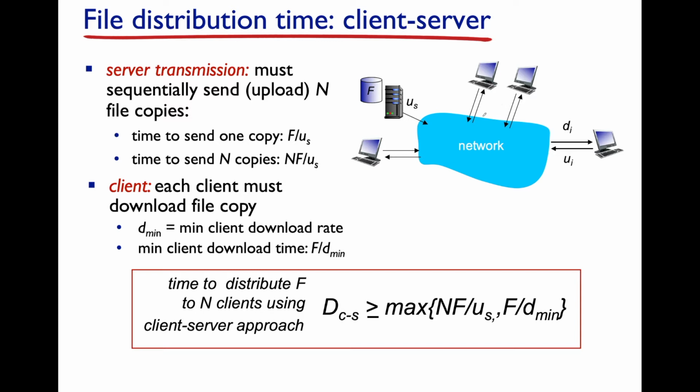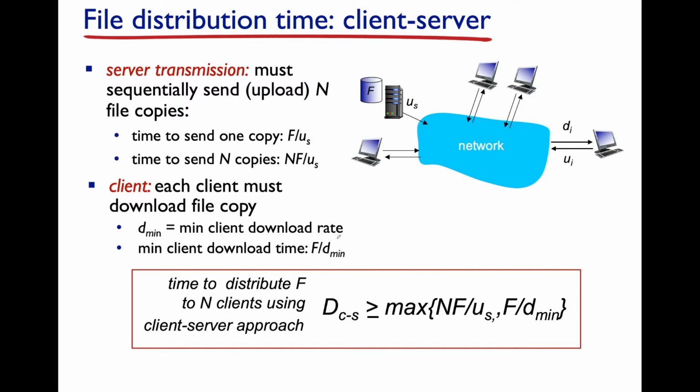In addition, once these files have been uploaded into the network by the server, each peer, the client part of each peer, must download a copy of the file. If we look at that download for each one of the clients on the network, let's define dmin as the download transmission rate associated with the slowest client.